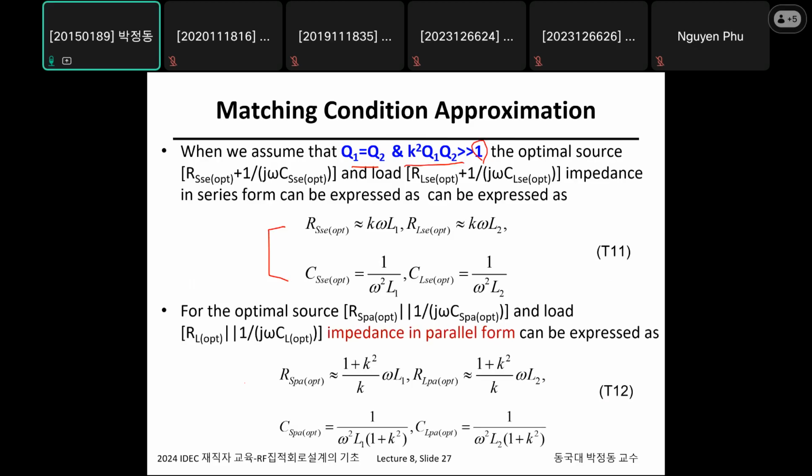This is what we observed. Also, the optimum source and load impedance in parallel form is given by this. Okay, so by taking a look at this, K is changed to this. And C is changed to resonate with this. So L1 plus K square. Okay, that's it.